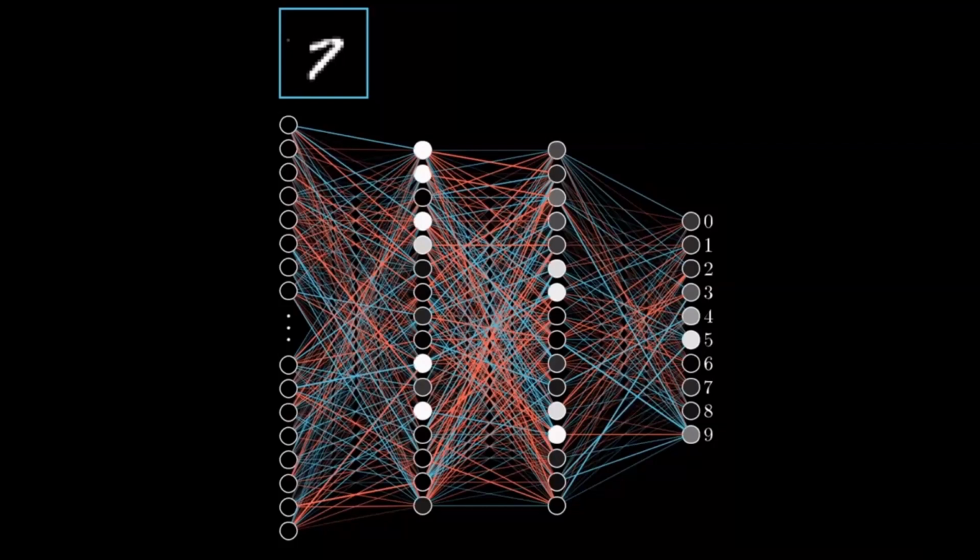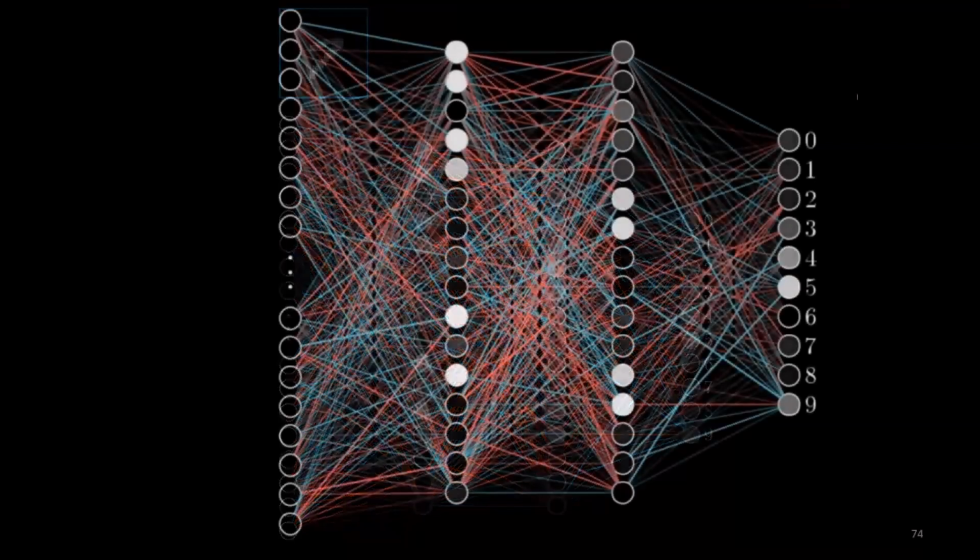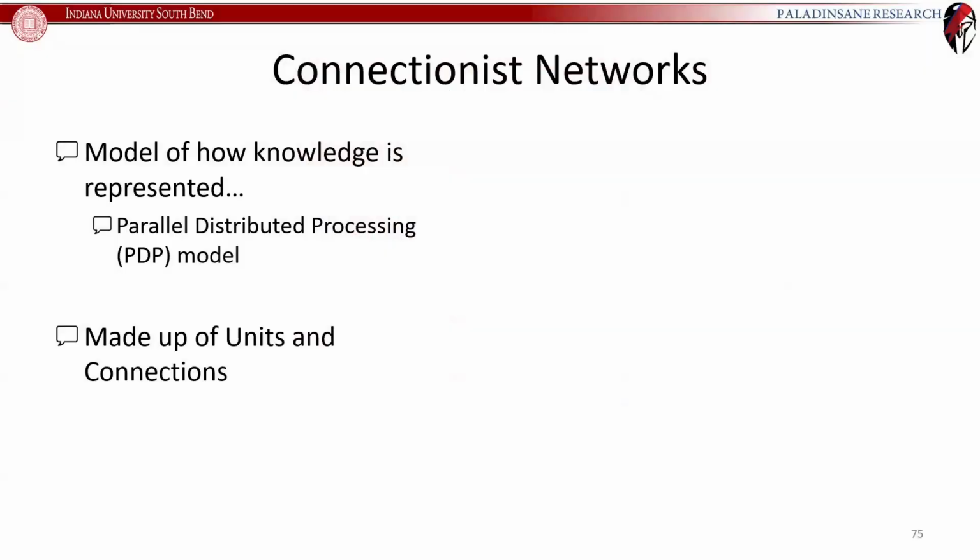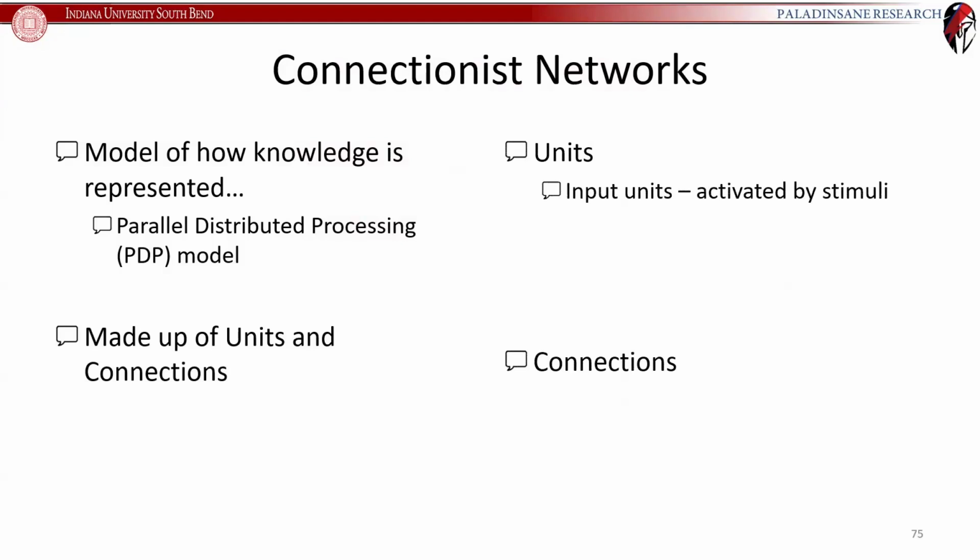So what is this model? Let's break it down. Let's get the pieces of this model going. So first off, this connectionist network is made up of units and it's made up of connections. And the units are split into three different groups. So we have input units, and these are the units that are activated by stimuli.